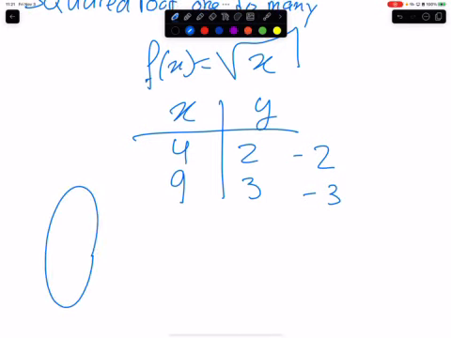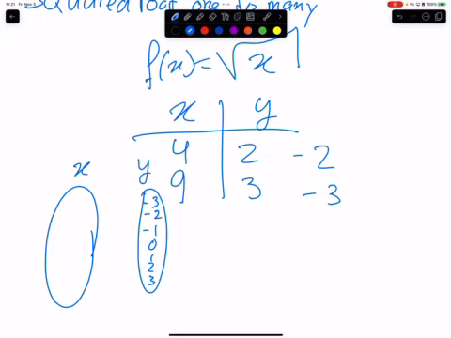If I have to draw it, minus 3, minus 2. And I have here x. And the function is square root of x.